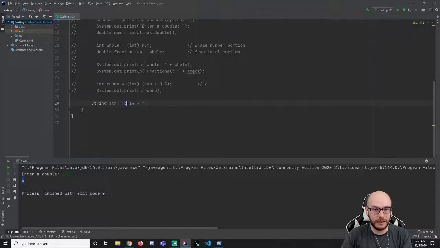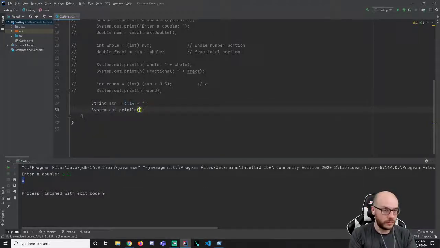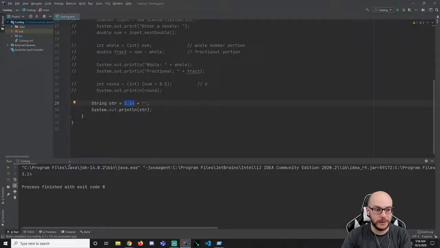Right? In this case, I want to take 3.14 and effectively add nothing to it. So this isn't going to change my 3.14 value, but it is going to concatenate it, force it to be a string. And you see, IntelliJ is happy. We've turned this 3.14 from a double into a string by forcing it through concatenation. So that's an interesting technique.